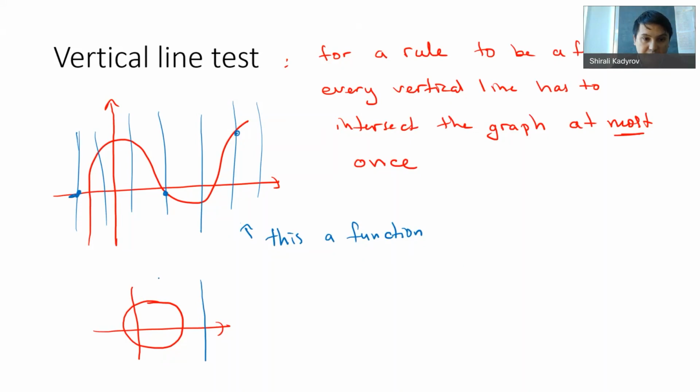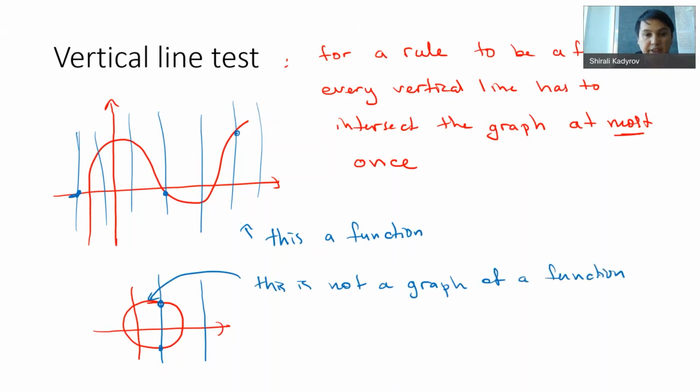However, when I sketch a vertical line here, it intersects twice, right? So this means this is not a graph of a function. Yes, we can represent it with equations, but we cannot say that this is a graph of a function. It's not a graph of a function. Okay, so that's the vertical line test.